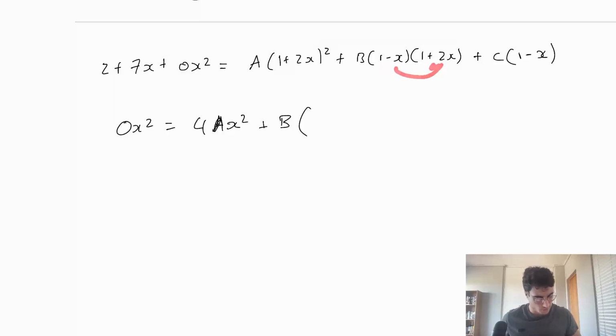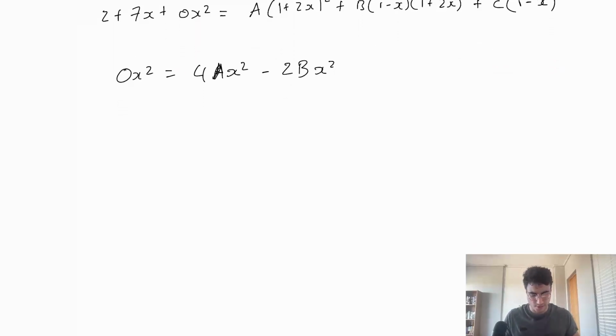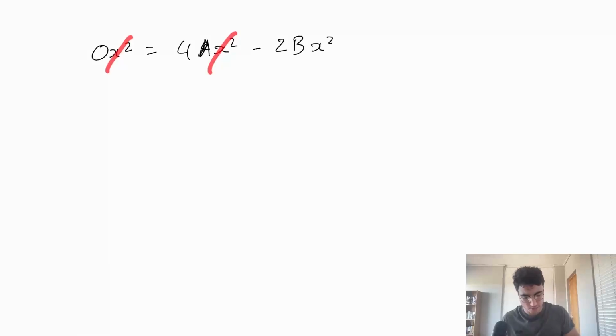So we're actually going to have -2b x squared here. Meanwhile c evidently does not have an x squared. There's no x squared coefficient here. So therefore what we're going to say is, listen, we can cancel these coefficients. I can say that 0 is equal to 4a minus 2b.